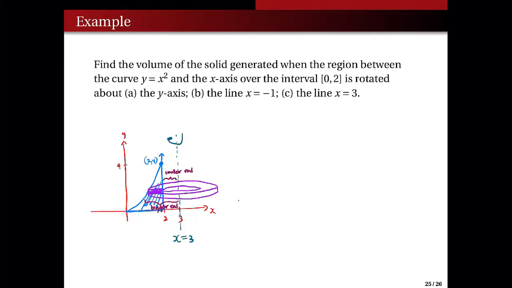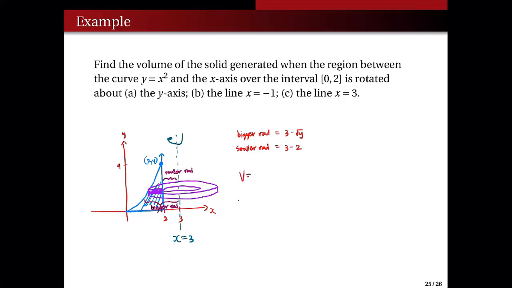So we have the bigger radius here, that's equal to 3 minus the function. So it's 3 minus square root of y. And then the smaller radius is 3 minus 2.